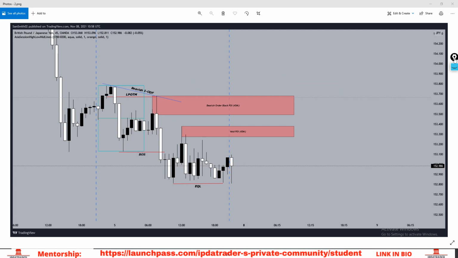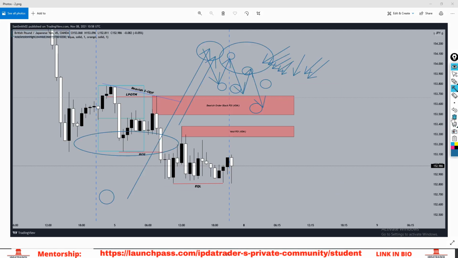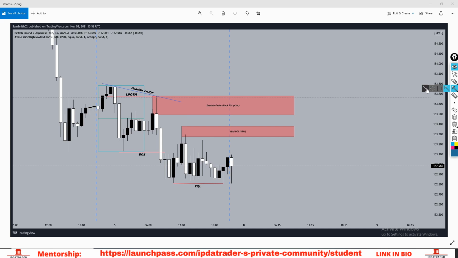What do we see? Well, let me quickly get rid of all that stuff. Structure is being tracked, right? We're now zooming into a lower time frame. This is a 45-minute time frame, and we're now looking at the most recent price action over here, right? We can see that we have a break over here, which means that this is a lower high, right?